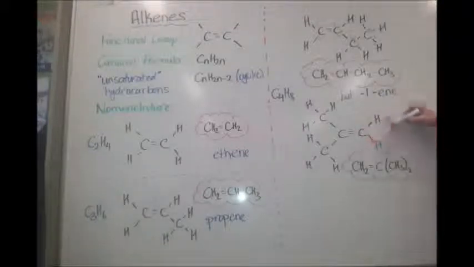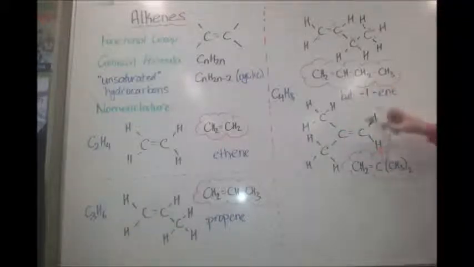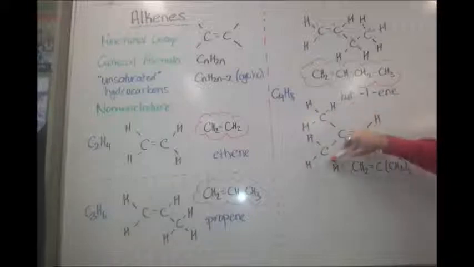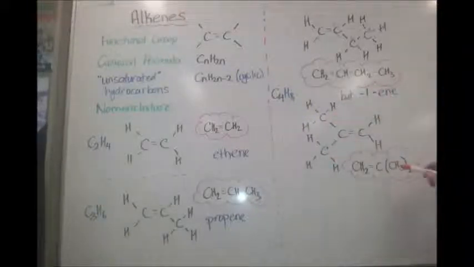Here's our CH2, here's our double bond, here's our carbon that's got no hydrogens on it, and these two are both CH3, coming off that one carbon. So because they come off the same carbon, I write it as CH3 with a little 2 next to it. Alright, so hopefully that makes a bit of sense with that one.